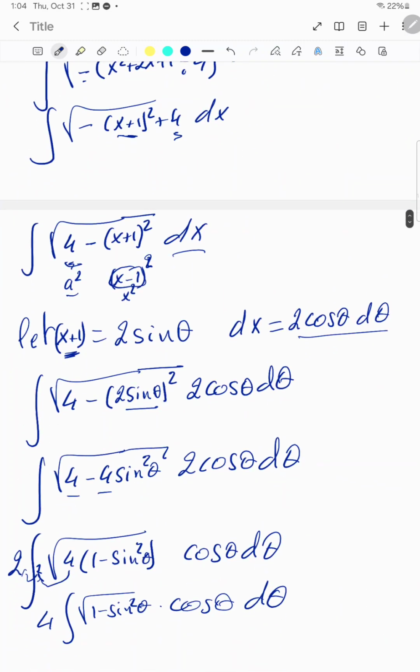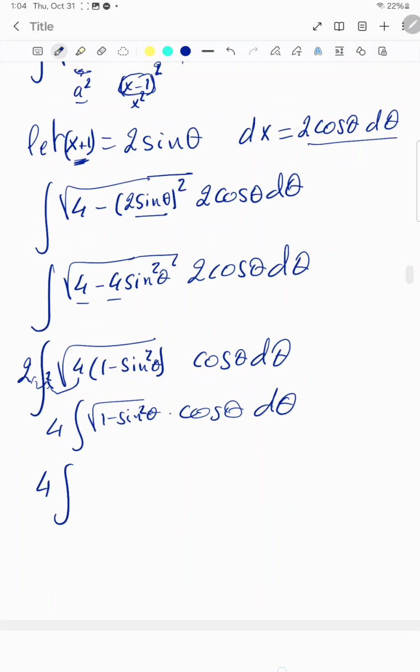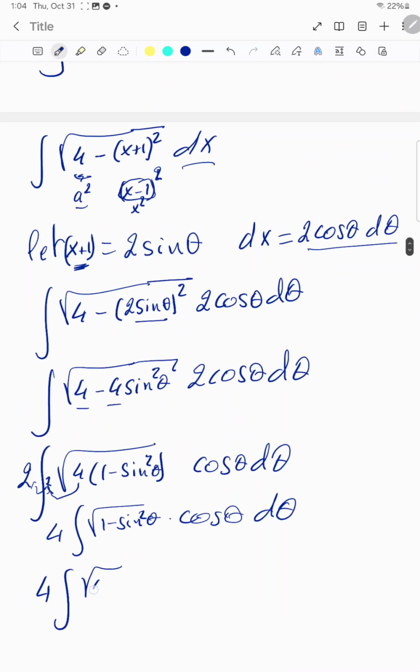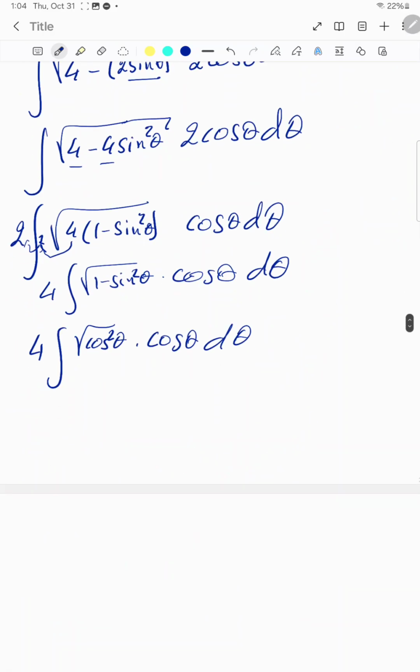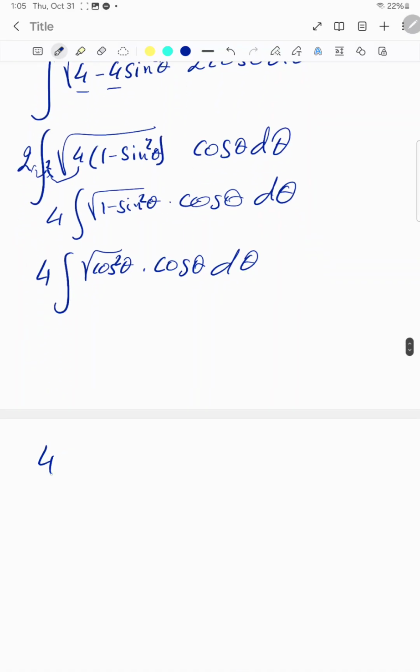So I have the square root of cosine squared of theta multiplied by cosine of theta d theta. But the square root of cosine squared of theta is cos of theta, and cos times cos is cosine squared. So my integral becomes 4 times the integral of cosine squared of theta d theta.